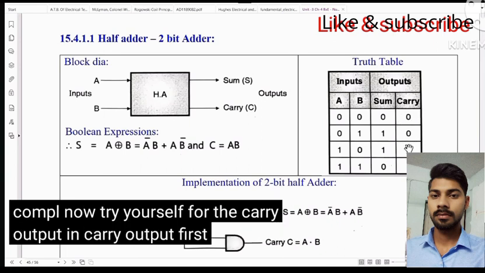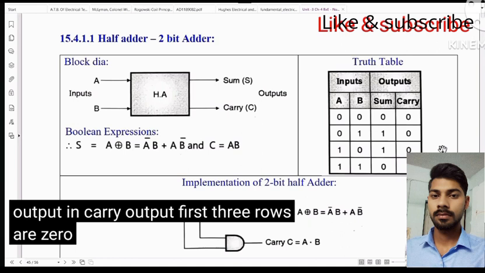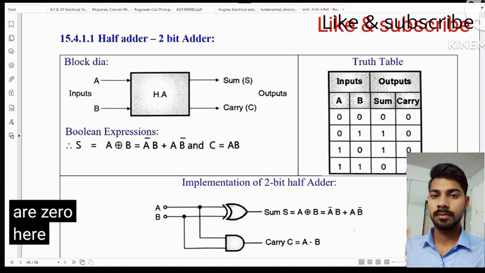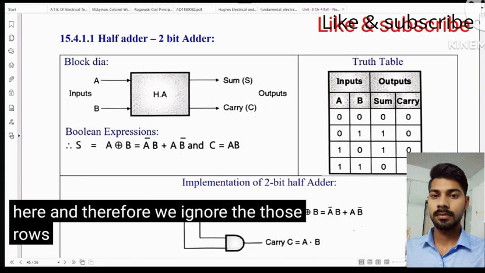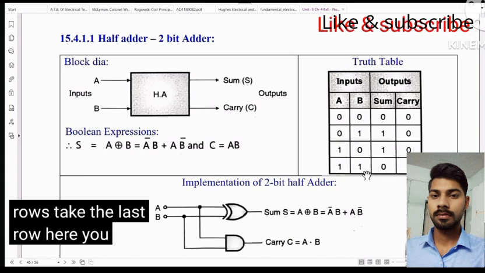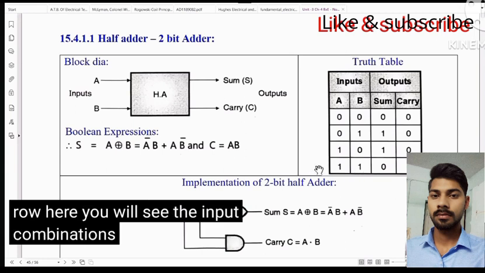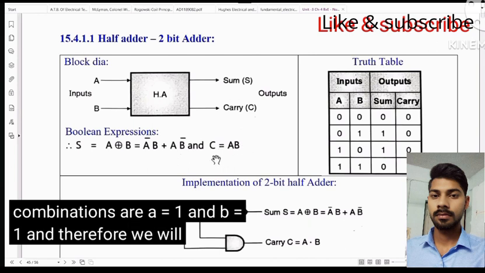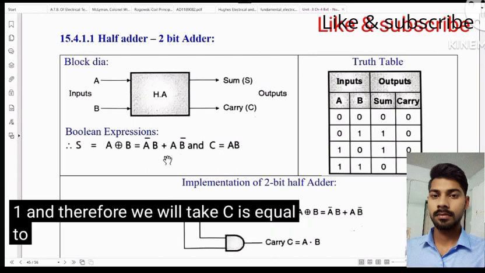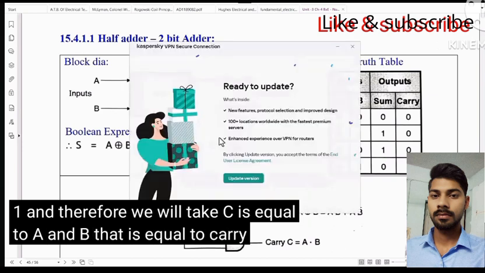In the carry output, the first 3 rows are 0 here, and therefore we ignore those rows. Take the last row. Here you will see the input combinations are A equal to 1 and B equal to 1. And therefore, we will take C is equal to A and B, that is equal to carry.